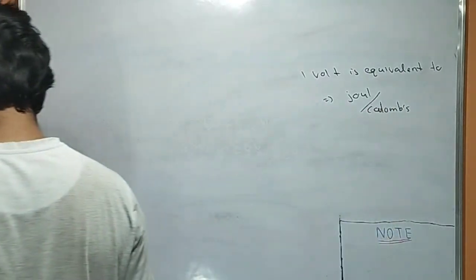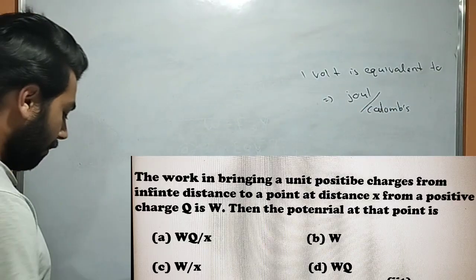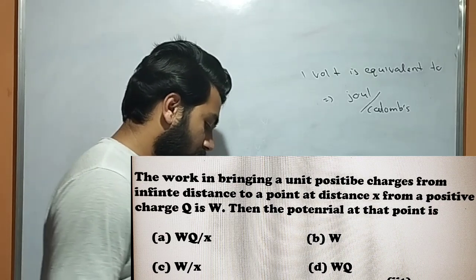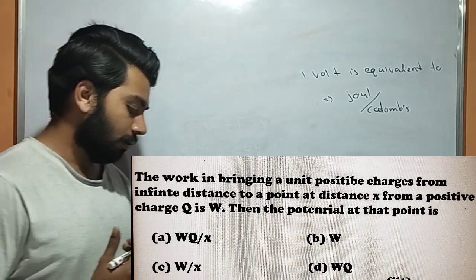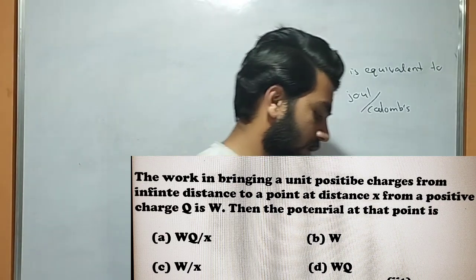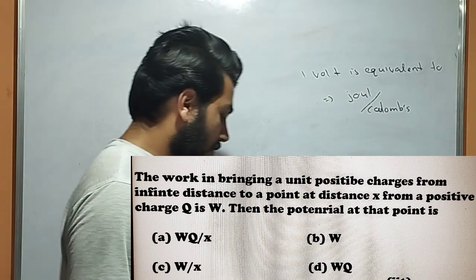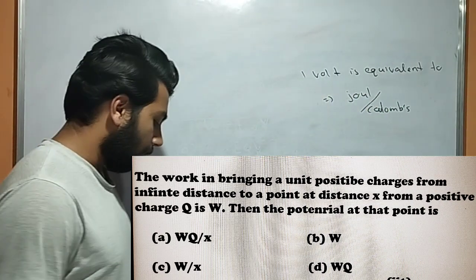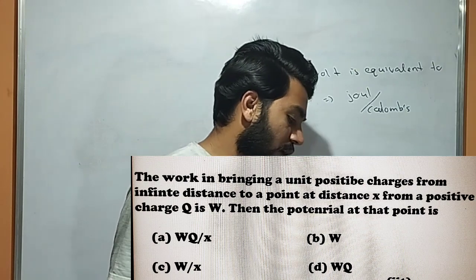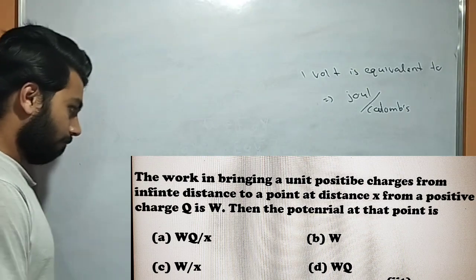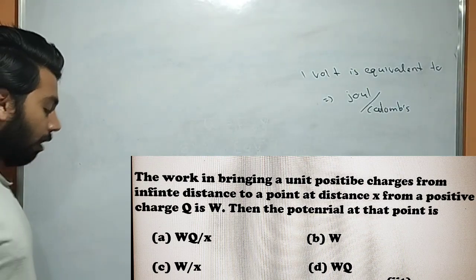And the fourth question will be like, the work done in bringing a positive charge q from infinity distance to a point at a distance x from a positive charge q is W. Then the potential at the point is what they are saying. Just simple.